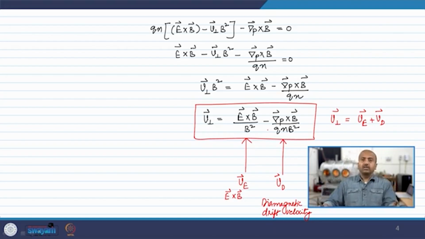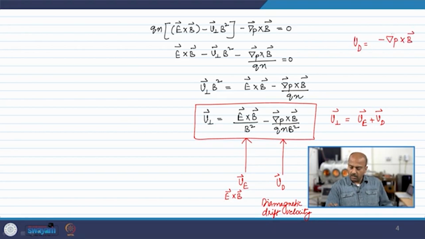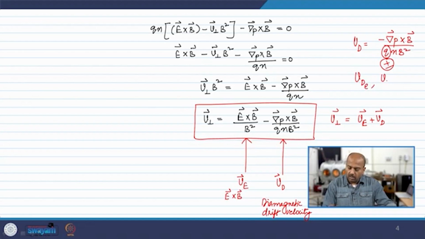Since we are now dealing with two fluid theory, this expression should be written for an electron as well as ion. That means, V_d is minus del P cross B by q n B squared, where q is the charge. So, q can be positive or negative. That means, you can have an expression for V_dE and V_dI.